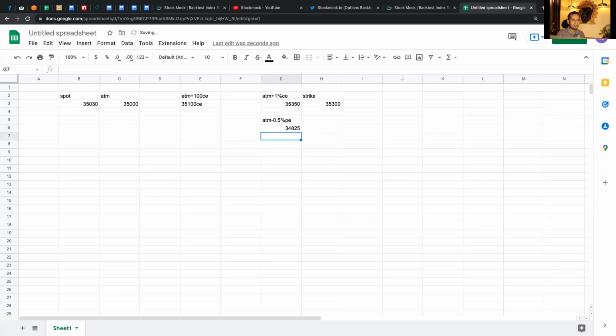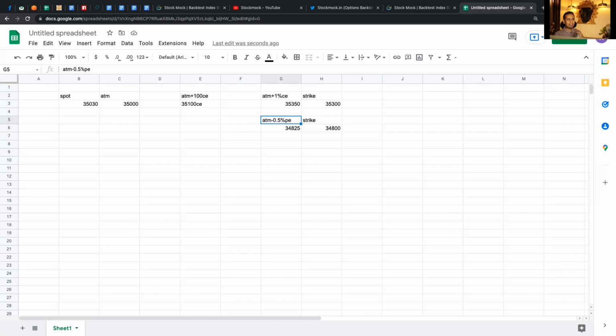So this comes out to be 34,825, but you cannot trade this strike. It has to be a multiple of 100. So the closest to 100 number is 34,800. So you will choose this strike to trade if you are choosing ATM plus minus 0.5%.